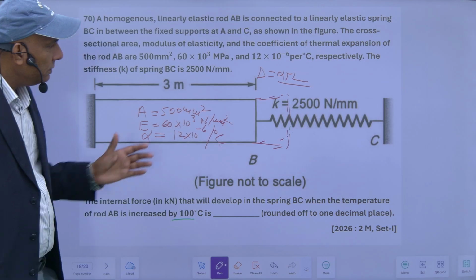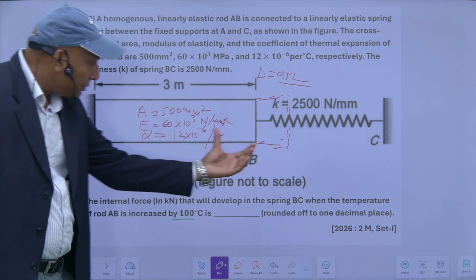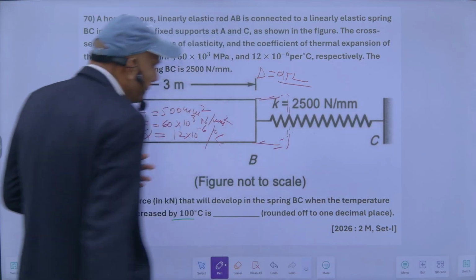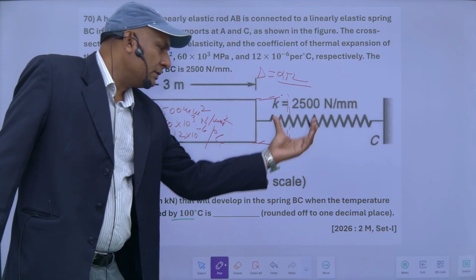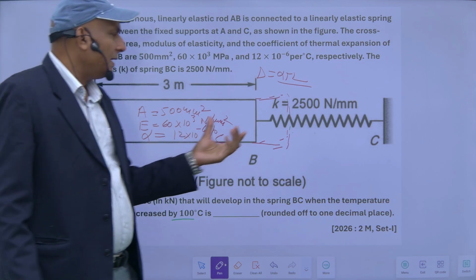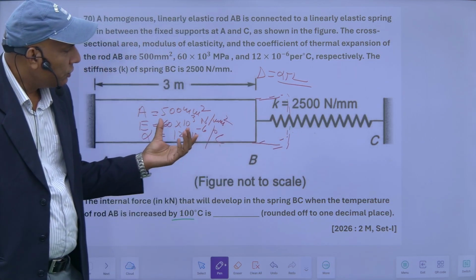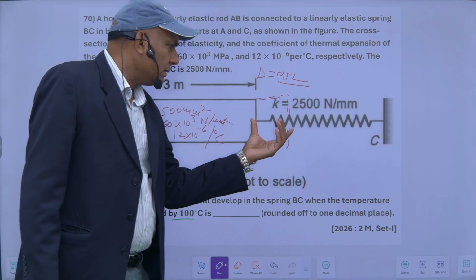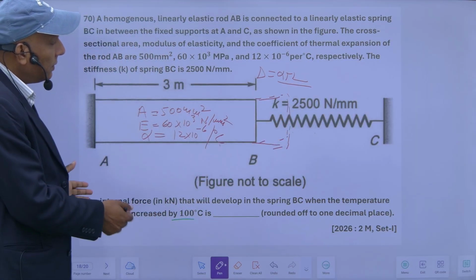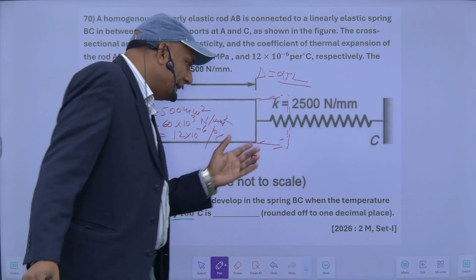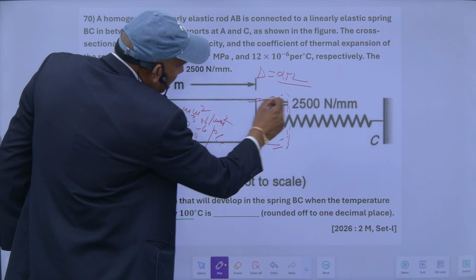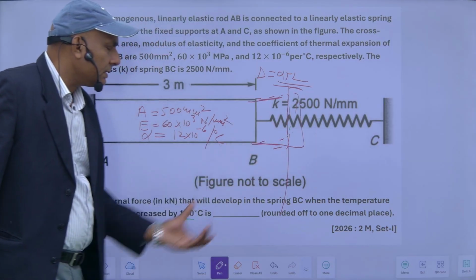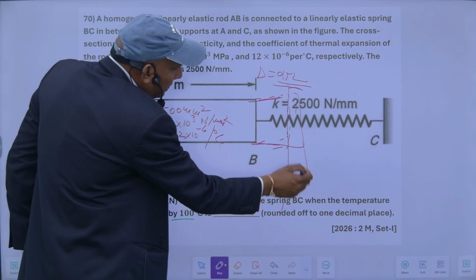Thermal expansion is equal to alpha TL, and this expansion will have to be neutralized by this spring. Obviously this is a spring, so it will provide some kind of yielding. Straightaway it will not apply a reactive force, there is some amount of yielding. So if this is the thermal expansion alpha TL, due to its stiffness the spring will offer some amount of yielding.